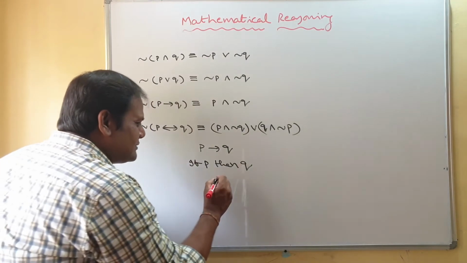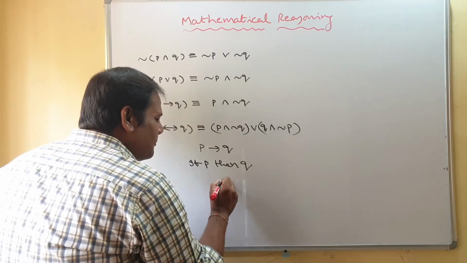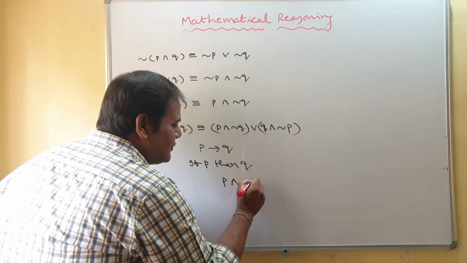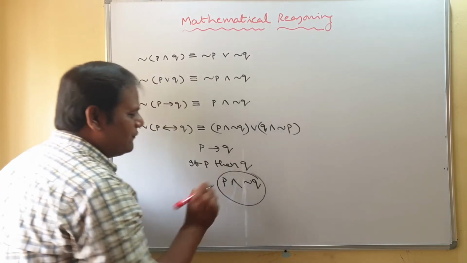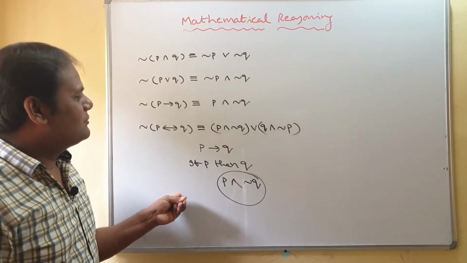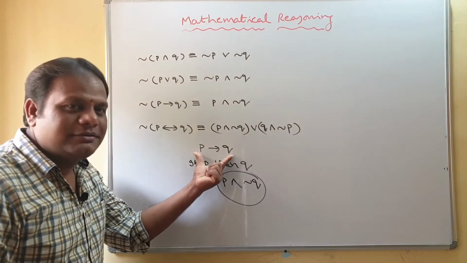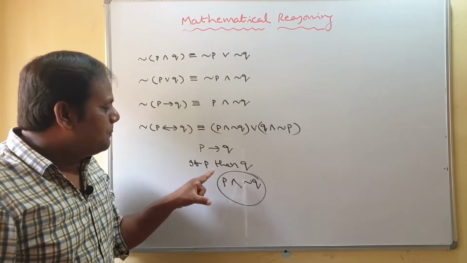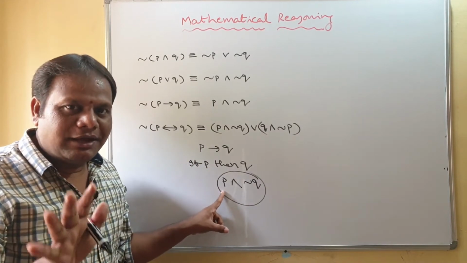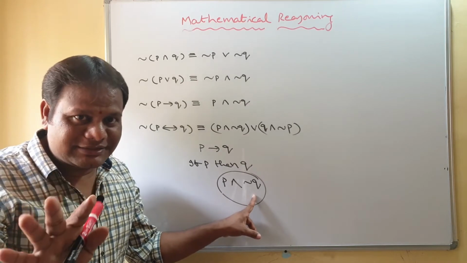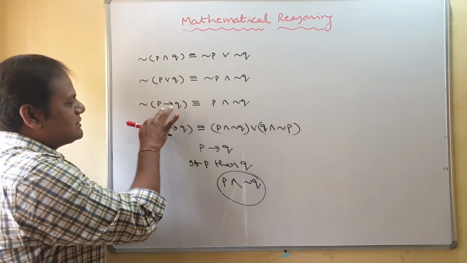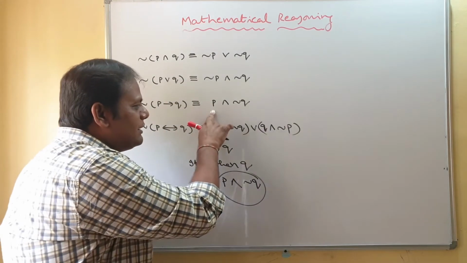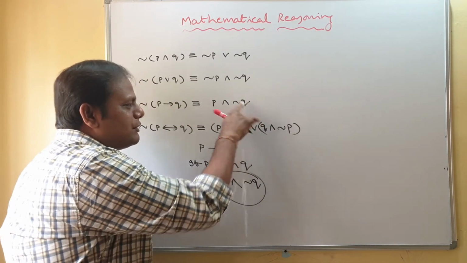So negation Q. So don't confuse. Negation of implication is what? P happens and Q does not happen. So negation of P then Q is equivalent to P and negation Q.